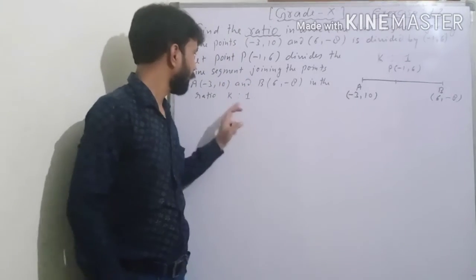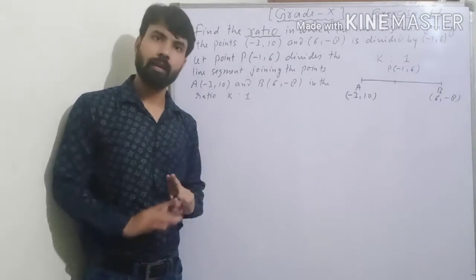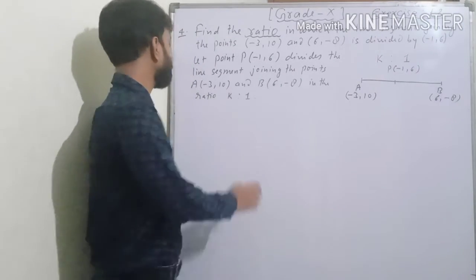In which ratio? In the ratio K is to 1. Is it clear? Good. Now by section formula.